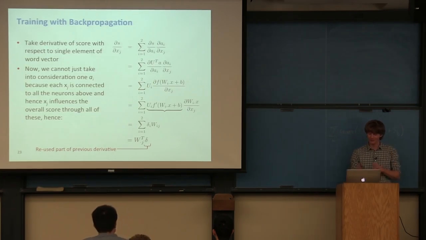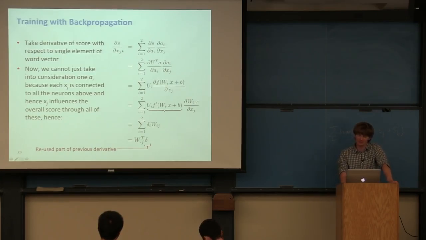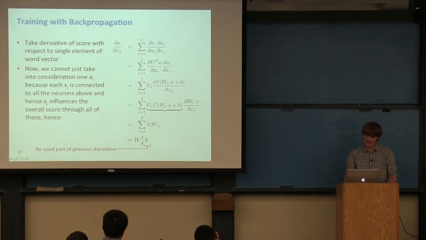Exactly, W transpose delta. Right now we just took the derivative with respect to one element of x_j, so that will just be W dot j, the jth column of W transpose times delta. So this again comes out the same, and again we reuse the same vector of error messages delta.